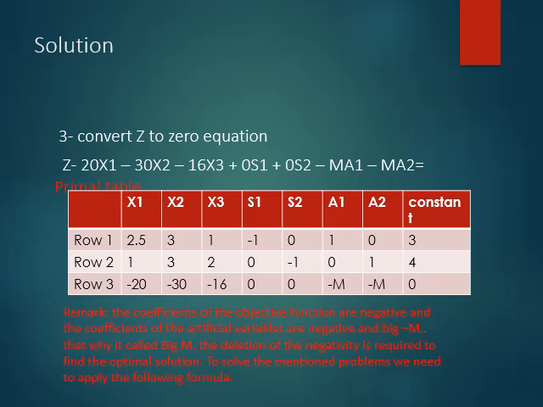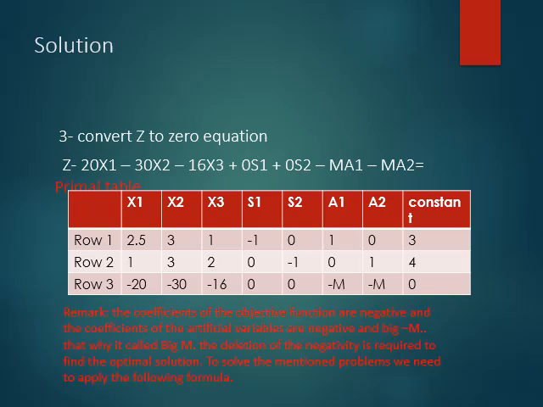So 2.5 is the coefficient of x1 in constraint 1. Respectively, 3 is the coefficient of x2, 1 is the coefficient of x3, negative 1 is the coefficient of s1.